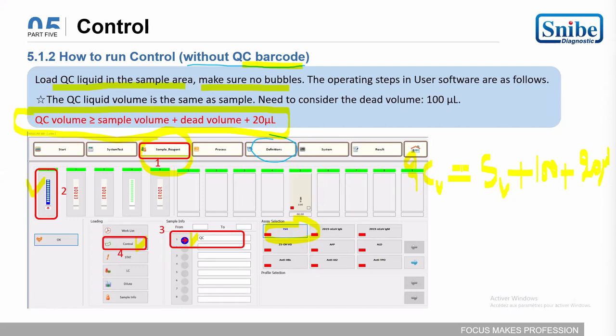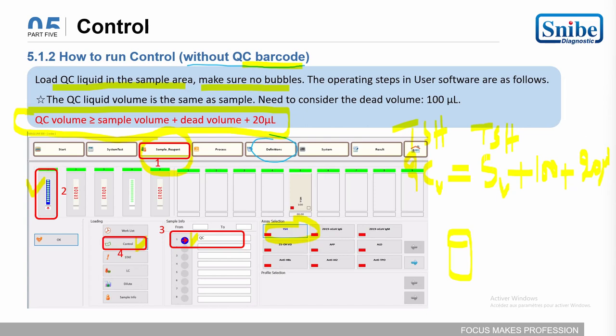So what does the sample volume mean? It means if you run the QC for TSH, for example, you need to put in the tube at least the sample volume of TSH. Each parameter has a sample volume required.